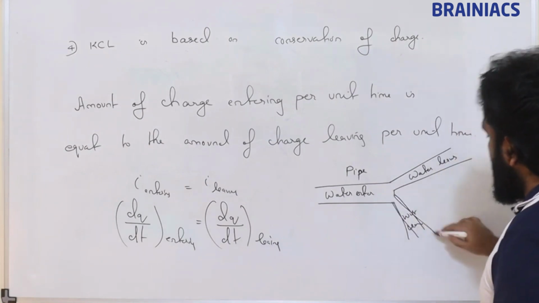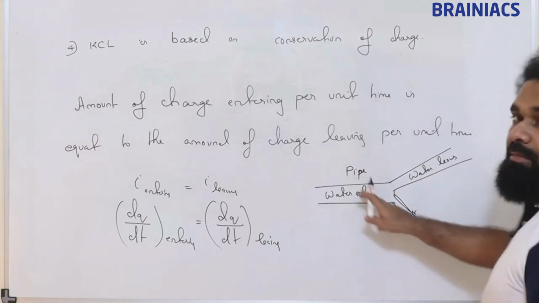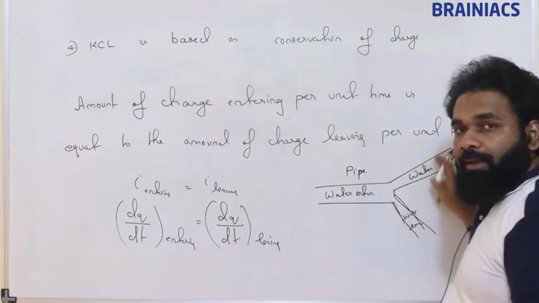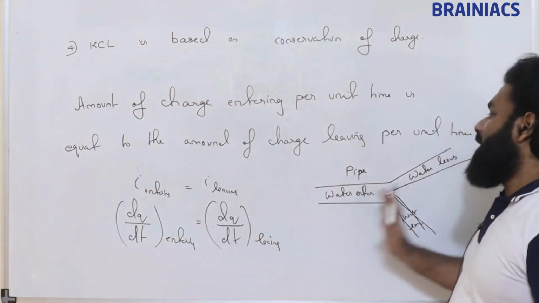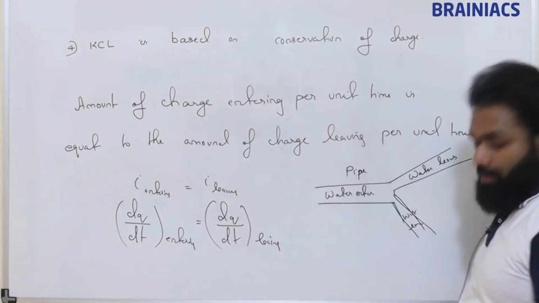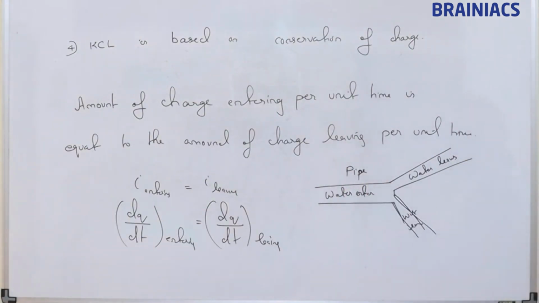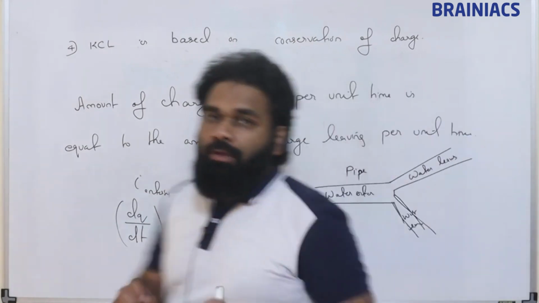However much water enters, that much water will be leaving through the two pipes. Just like that, current also, or charge also. This is all about KCL, the fundamental theory. Now we will start doing problems.